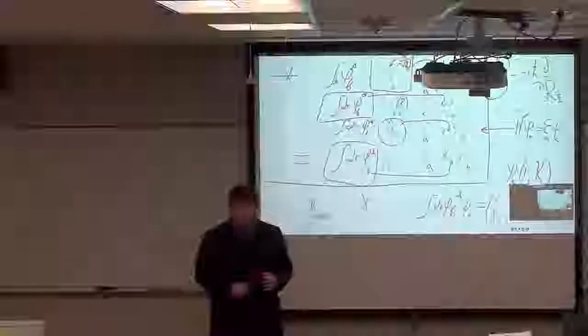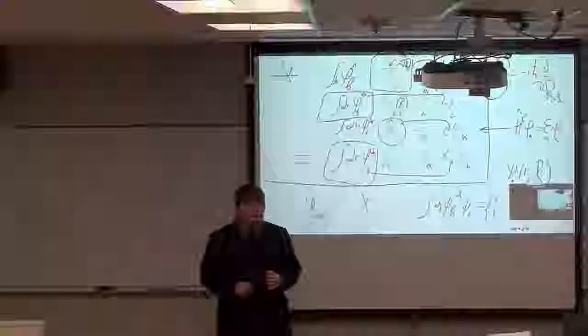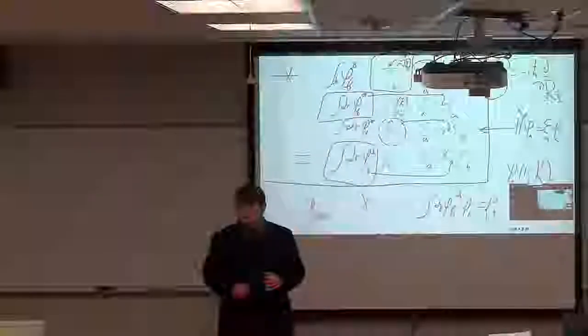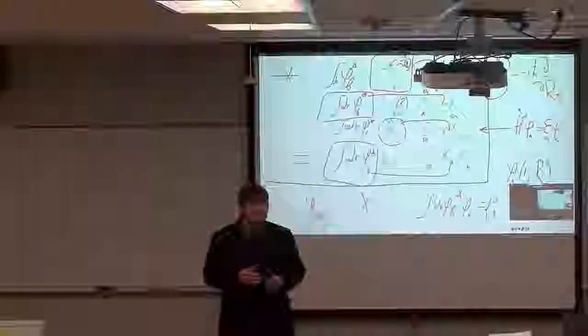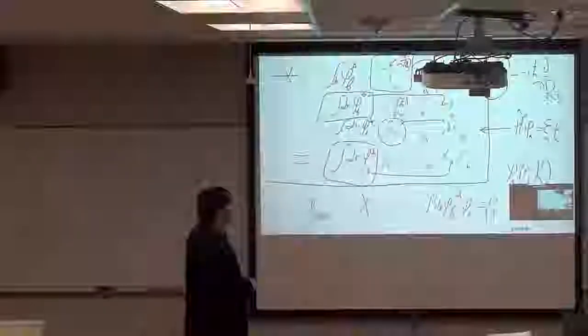So what did we do next? We decided that we wanted to get rid of the electronic wave functions, and we practiced which property? Yes, orthonormality. We multiplied everything by the convolution with the electronic wave function with another index and integrated.